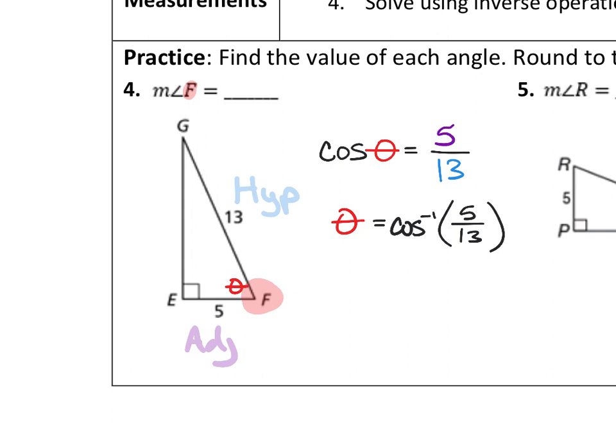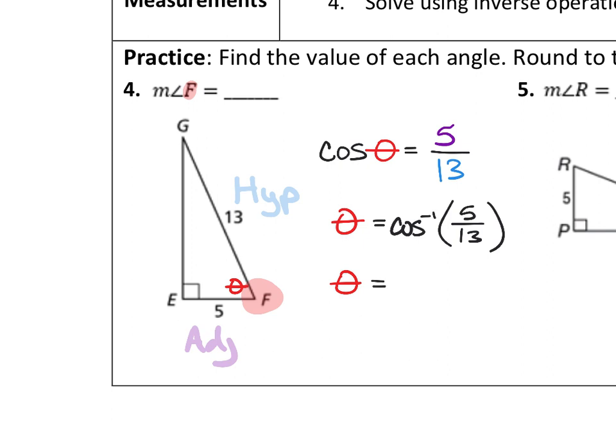Well, that's a calculator moment. So we press second cosine, 5 divided by 13. This problem wants us to round to the nearest degree or integer. So we're going to go to whole numbers only. When you type cosine inverse of 5 divided by 13 in your calculator, what do you get? Somebody's typed it in.